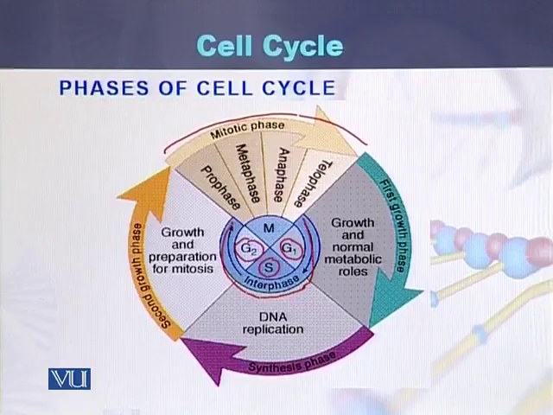During the G1 phase, there is growth and normal metabolic roles of the cell, while in the S phase, there is DNA replication, also the synthesis of the genetic material, and during the G2 phase, there is growth and preparation of the cell for mitosis. So there are two phases of the cell cycle.